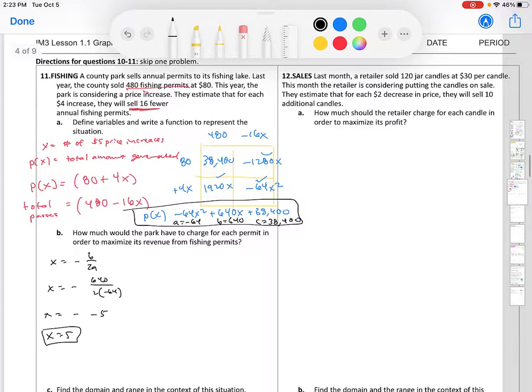So the county park needs to have 5 price increases.